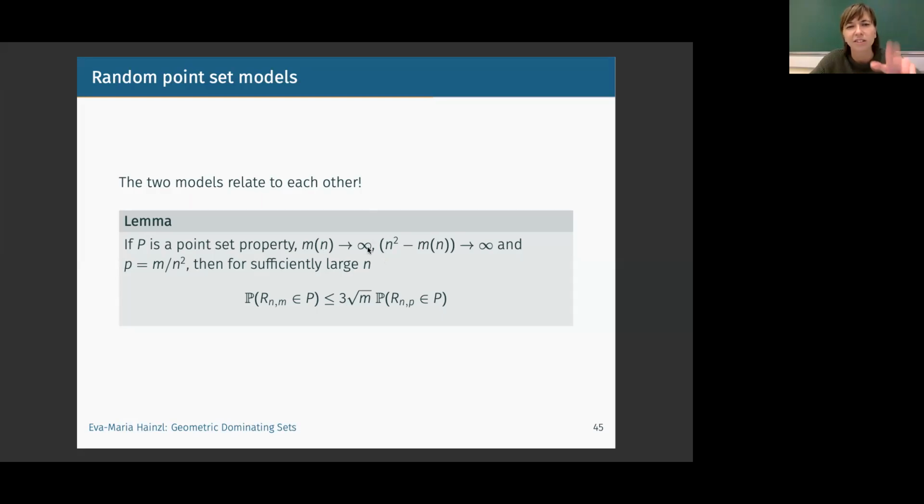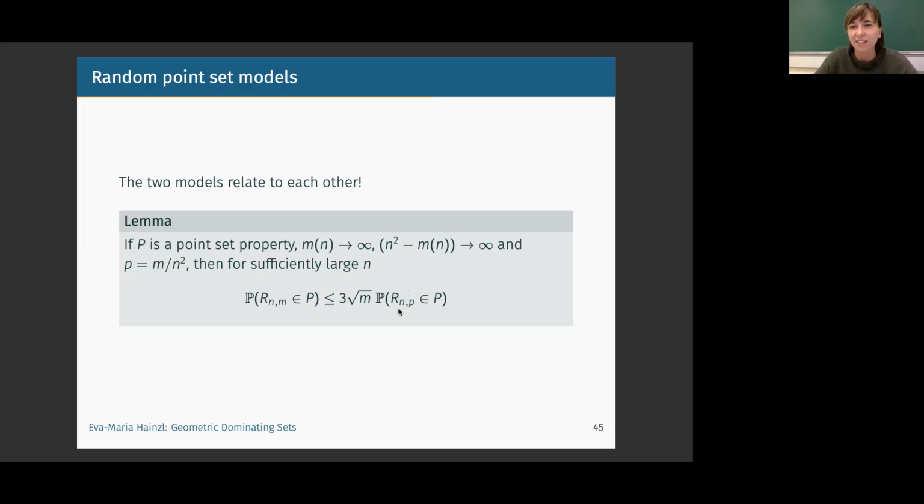I won't go into these conditions because we're not using the lemma anyway, so just take it as an example. But the point is the probability that the uniform random point set satisfies a point set property can be bounded by 3 times square root m, the size of the uniform random set, times the probability that the binomial random set satisfies the property.